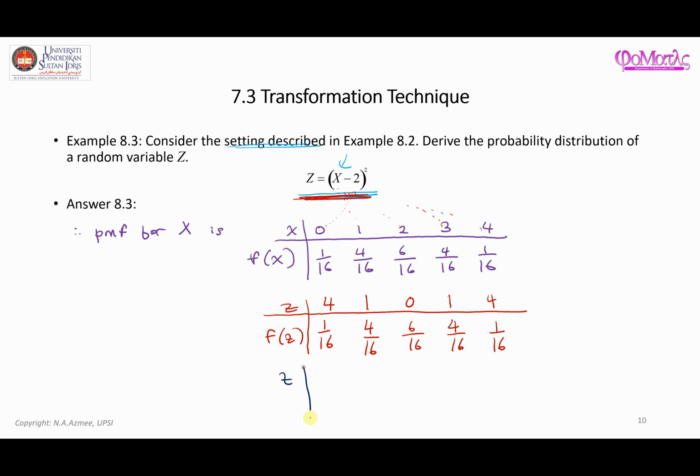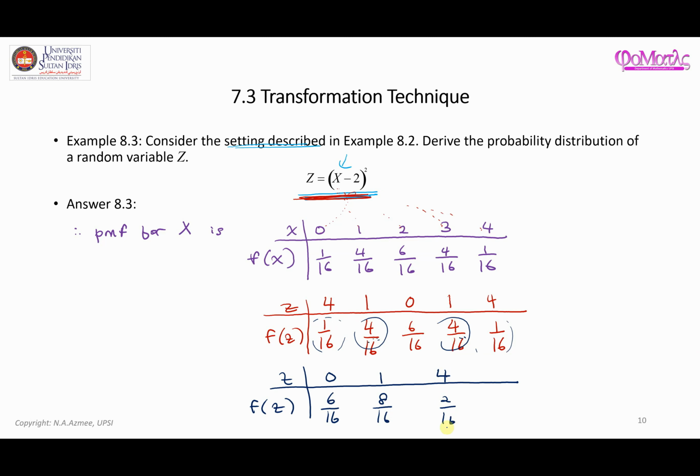So here we have z can take values such as 0, 1, and 4. If z is 0, the probability is 6 over 16. If z is 1, then the probability is going to be considered for both of them. So it is 8 over 16. And when z is 4, then the probability is going to be 2 over 16.